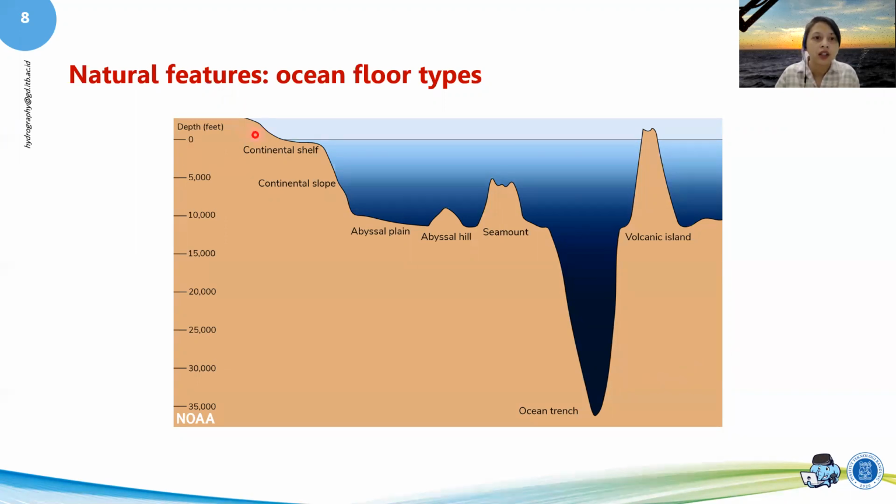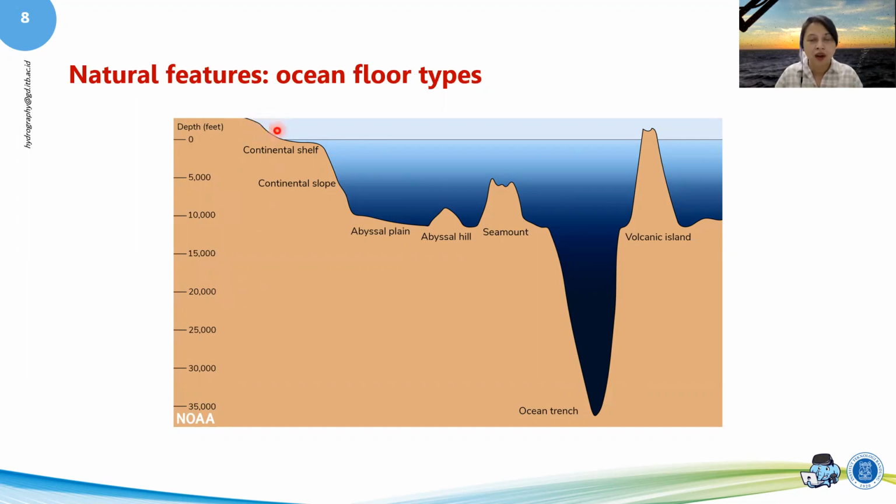So you've got the continental shelf here, and then you've got a continental slope, and these are in feet, okay? So it might be confusing for those of you who are used to metric. Me too, because I was wondering why these numbers are very, very big. That's basically because it's in feet.